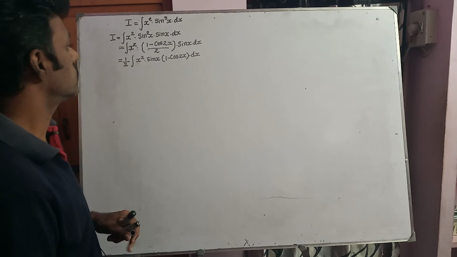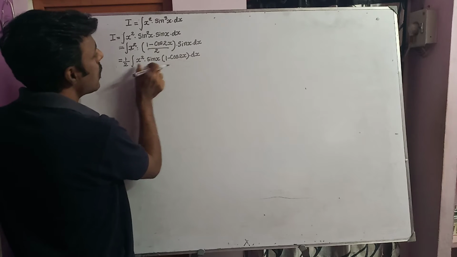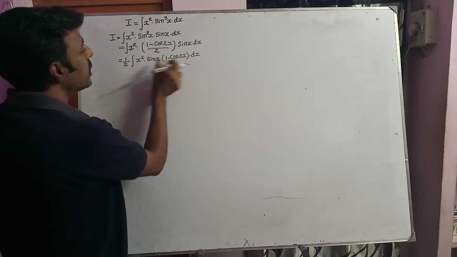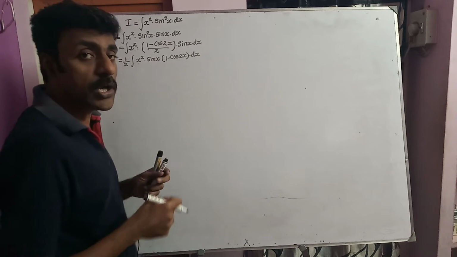I am going to multiply this x squared into sine x with the term placed inside the bracket.